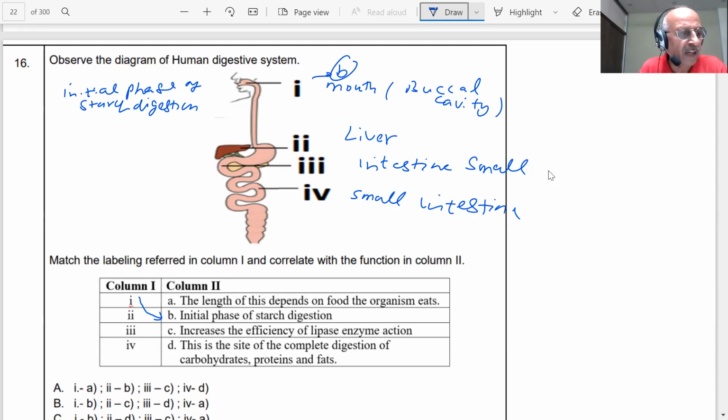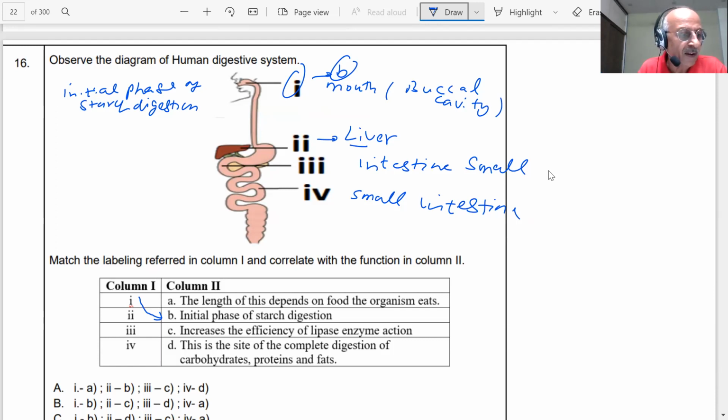Now, what is happening in the liver, student? This is my liver, number 2. Bile juice is secreted, and there is a bile salt which breaks large globules into smaller globules. What is the function of this second, liver? It will increase the lipase enzyme efficiency.